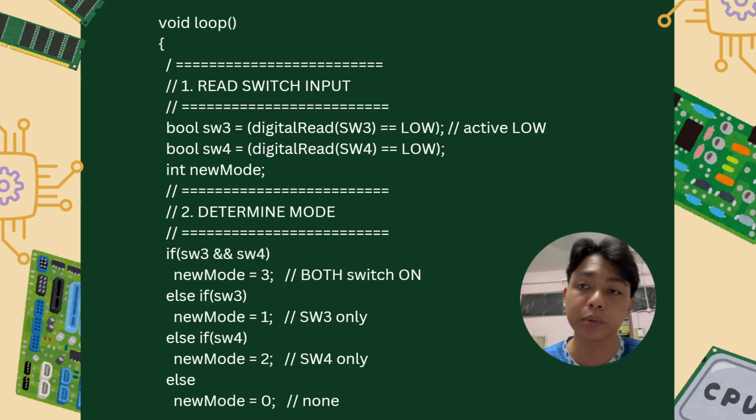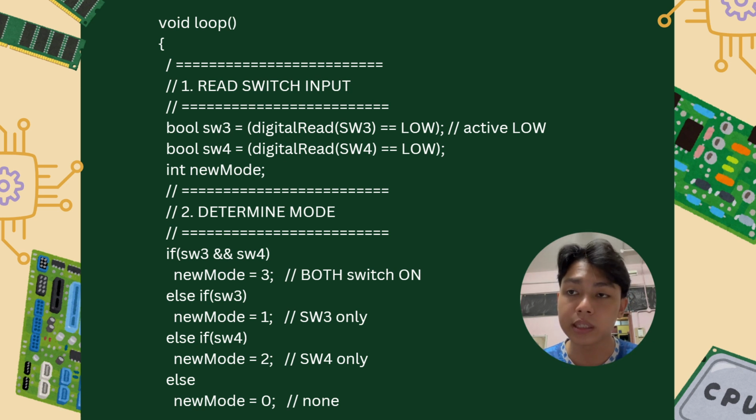If we put the individual button checks first, pressing both buttons would accidentally trigger mode 1 or 2 instead. For else if (SW3) newMode = 1: if both buttons are not pressed, it only checks if switch 3 is active or not. If yes, it sets mode 1. Next is else if (SW4) newMode = 2.